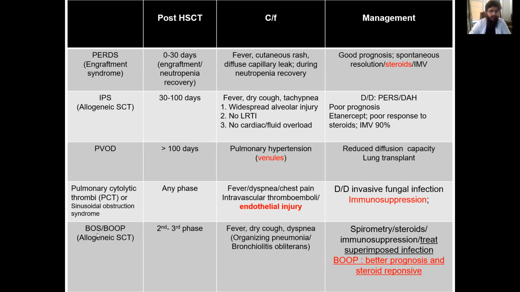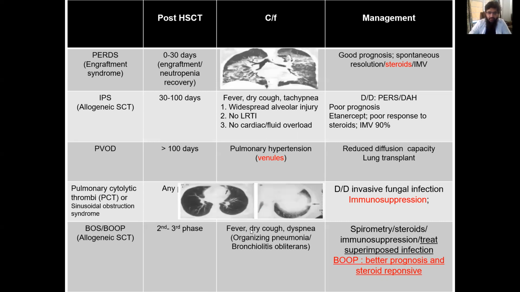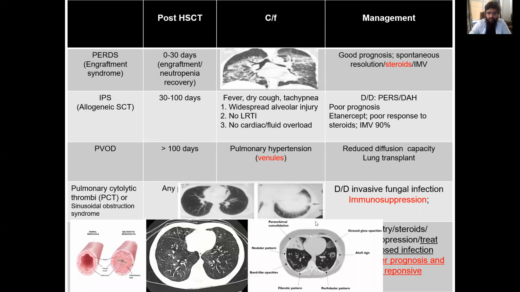They present with signs of airway obstruction. While patients with BOOP, that is organizing pneumonia, have a better prognosis as compared to BOS, and they are steroid responsive. So if we have a patient of organizing pneumonia presenting with consolidation, not responding to antibiotics, antifungals, or with ground glass changes.